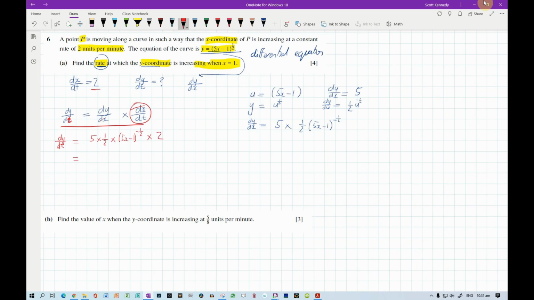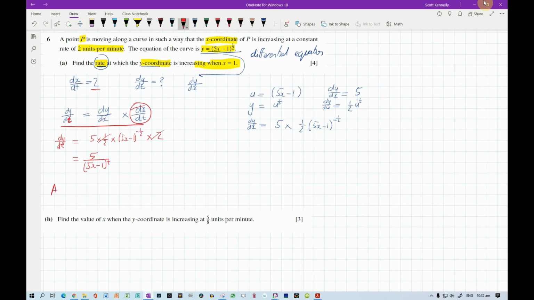And we could simplify that. That becomes 5, because that 1/2 cancels out that 2. And we could perhaps rewrite it nicely like this, and that's to the power of 1/2. Because it's a negative half, I'll put it at the bottom there.